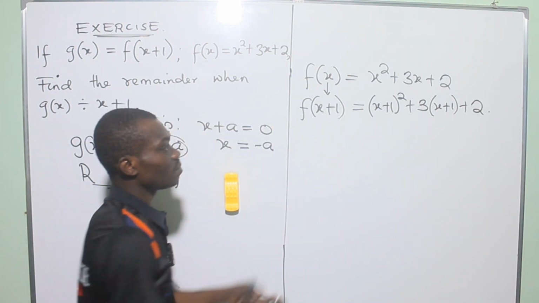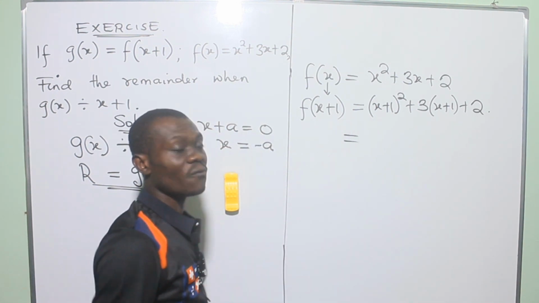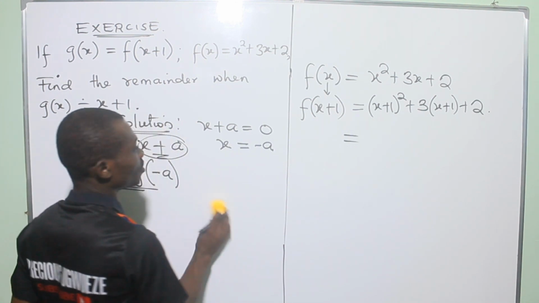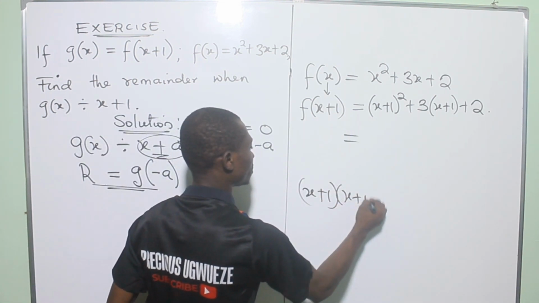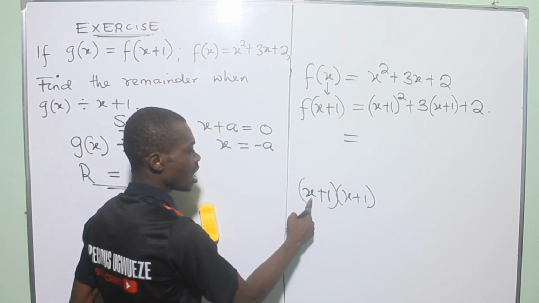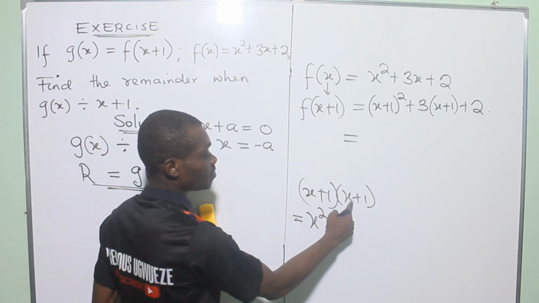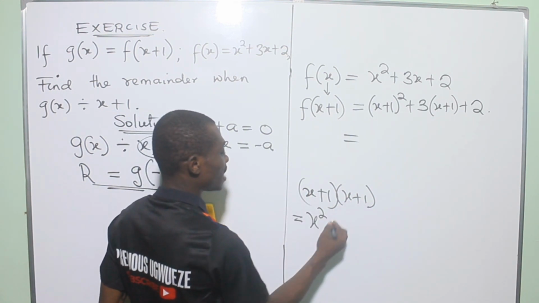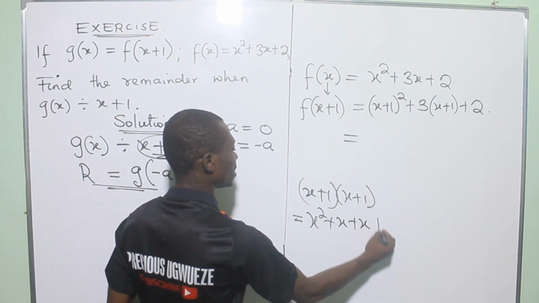Okay, so the simplification of this is going to give us, if you take the square of x plus 1, that's going to be x plus 1 times x plus 1. If you open this, x times x is x squared, x times 1 is x, 1 times x is x, and 1 times 1 is 1.